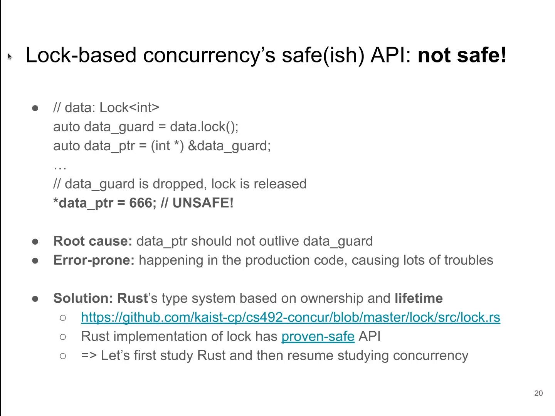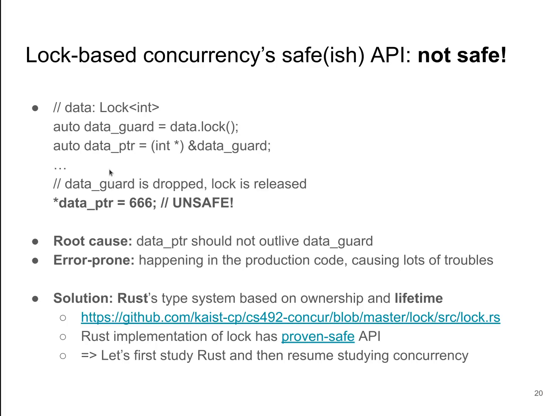The reason why it happens in real world code is that programmers do whatever they want if it is allowed. If you can get a pointer out of this data, they do it for later purposes. Probably with good intentions, they get the pointer here and use it before the guard is dropped.